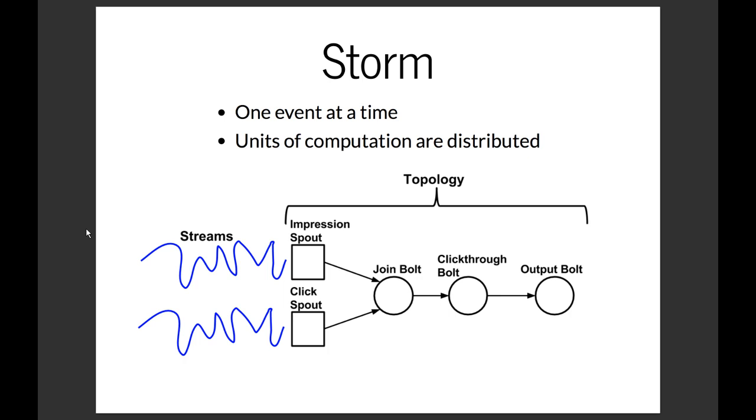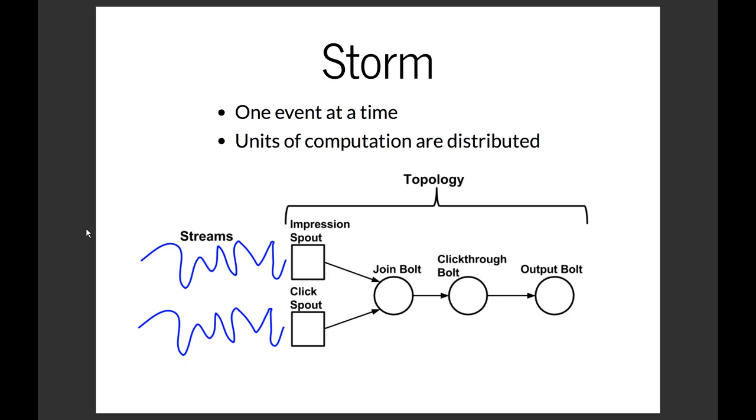Storm has a few big differences from Spark Streaming. The primary one is that Storm deals with events one at a time. That's really important because the operations can be a little more difficult to write. You've got to think about it a little differently because it's no longer a collection of things.